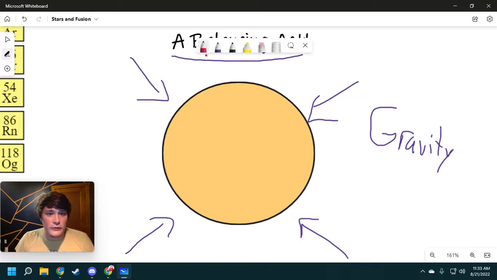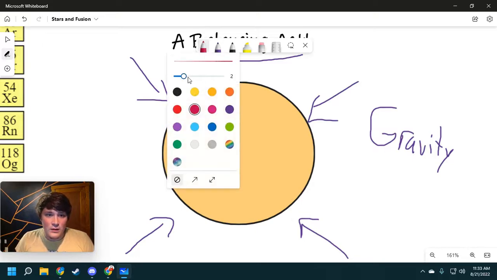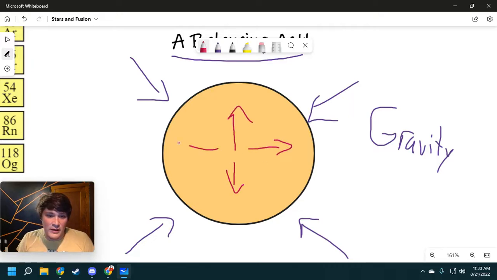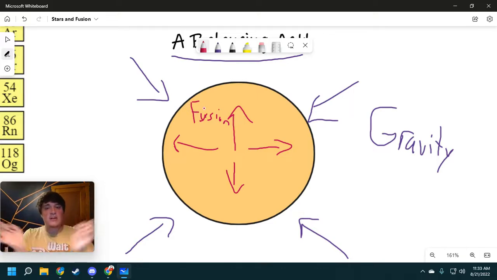So we get this nuclear fusion that is creating new atoms and creating new energy. So inside the star, we have fusion. That's creating energy and pushing out from inside of our star, inside of the water balloon.